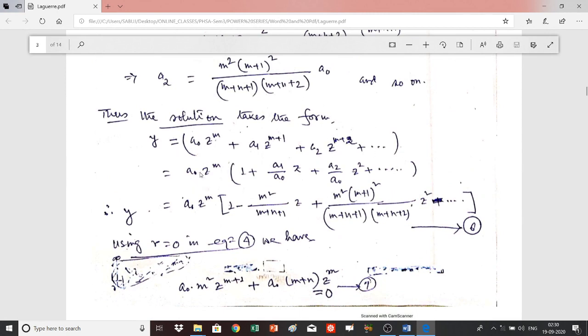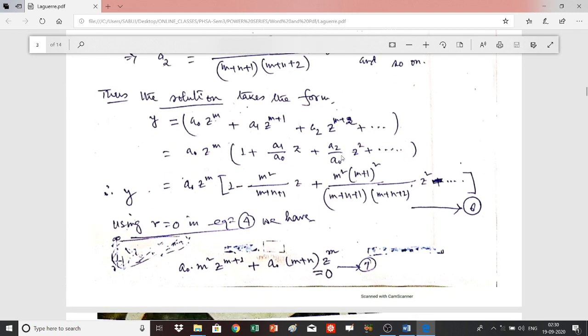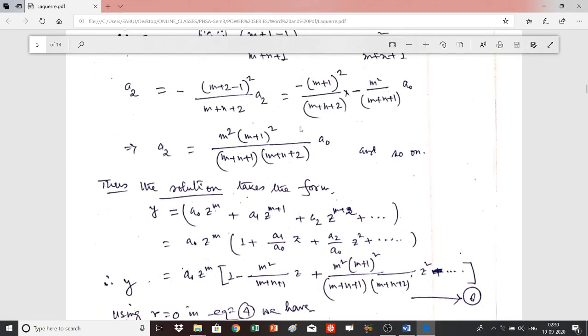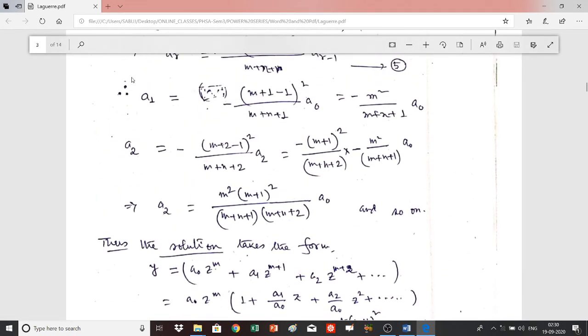Here z to the power m is a common term, so 1 plus a1 by a0 z, then a2 by a0 z square, and so on. And from here, see here, a1 is this and a2 is this.